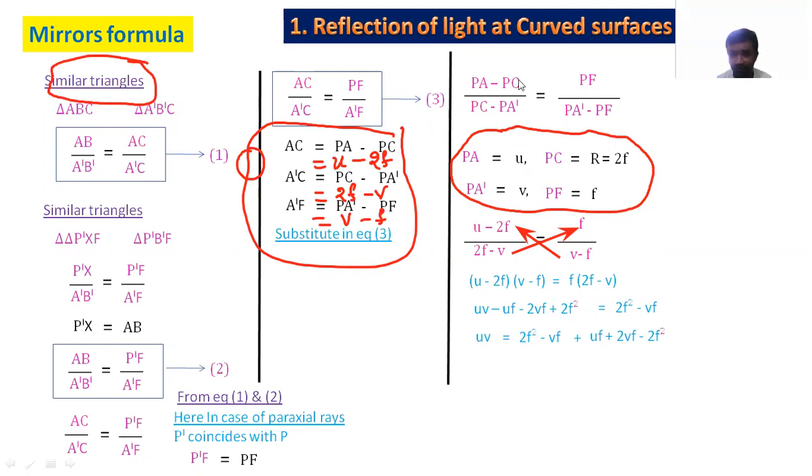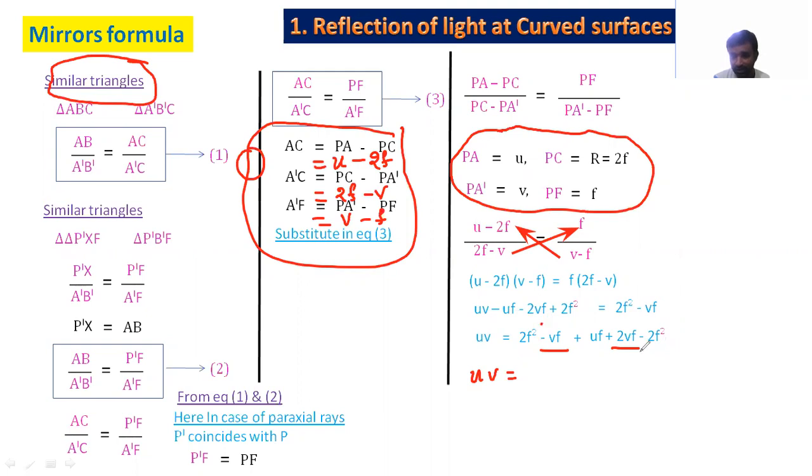Then what to do here? Same terms here: VF is there, VF is there. So one is with a plus and the other is with a minus. Then here plus 2F square minus 2F square will be cancelled. That equals, here one is minus and the other is plus, right?